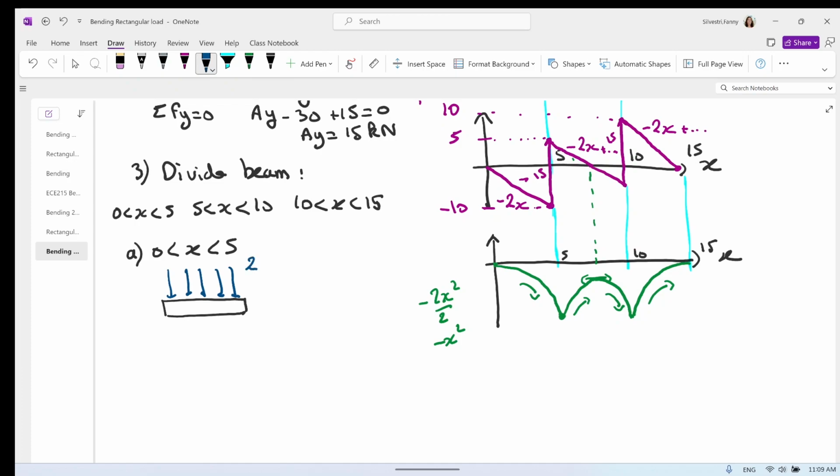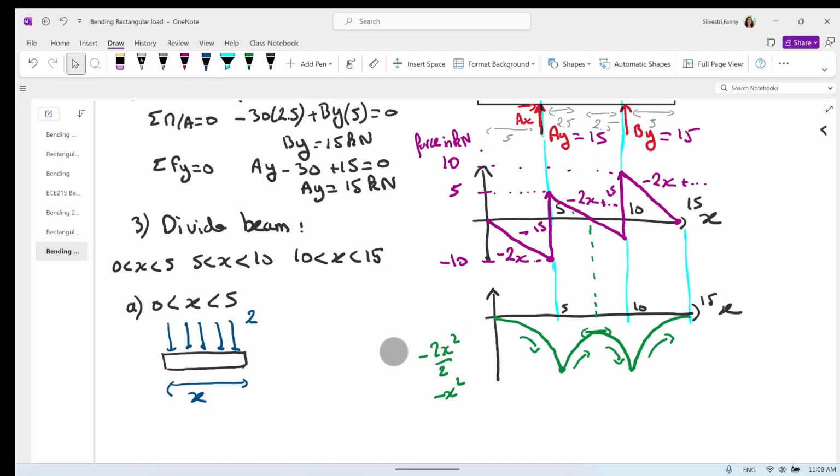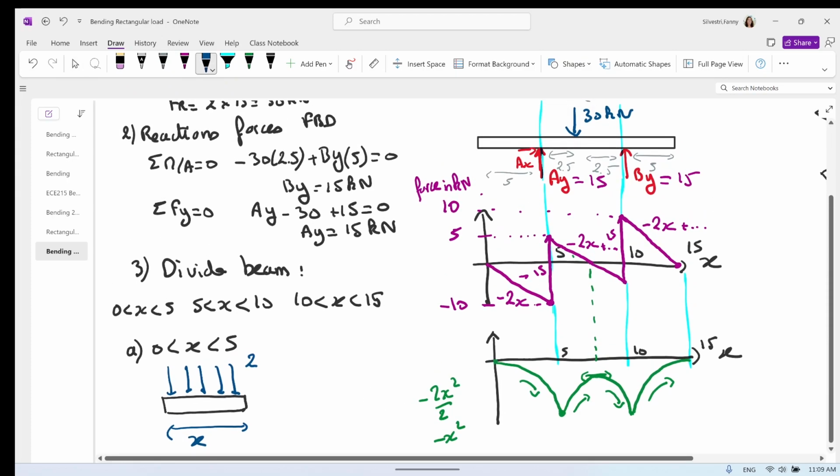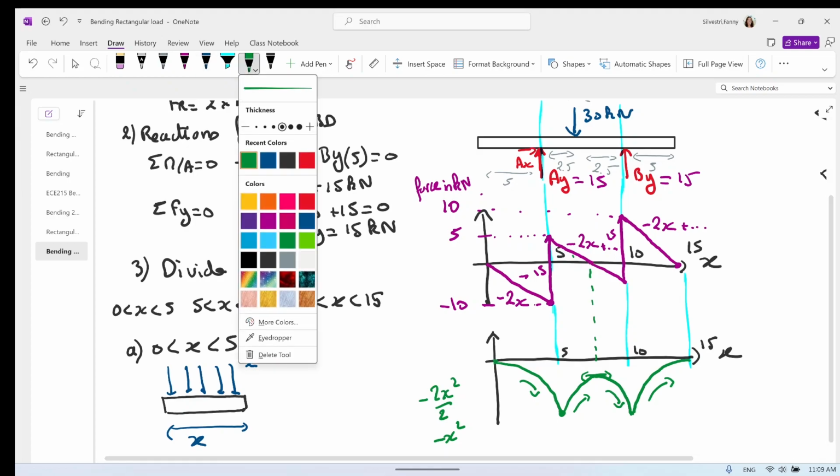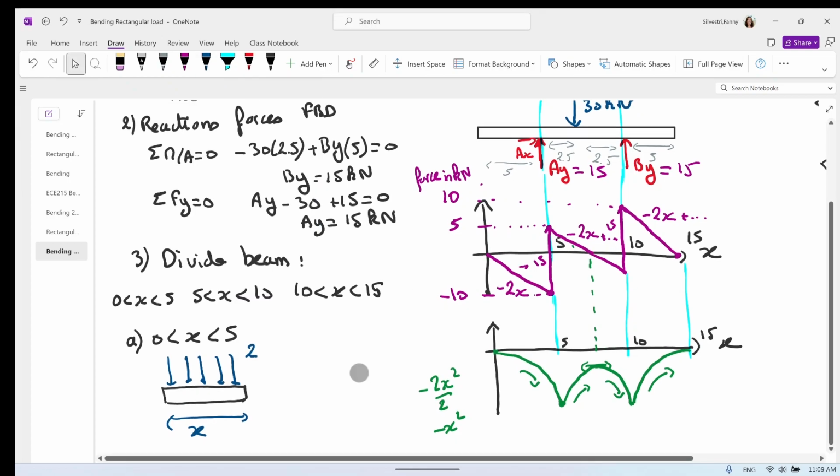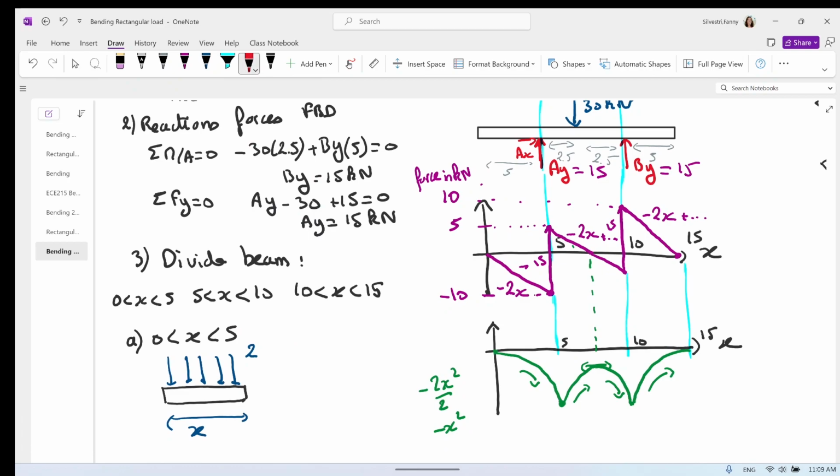We know the distributed load is 2 kilonewton per meter. We know that distance will be x, and there is no reaction force below because we are before point A. So this is what we know, and what we need to find is the internal forces. So when we cut to the right, Vx is down, and x is always outside, and Mx is positive.